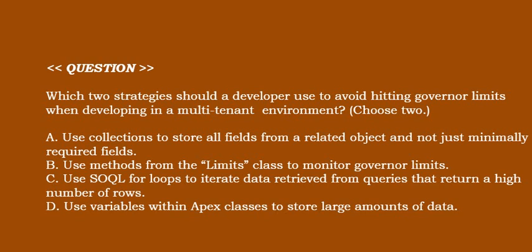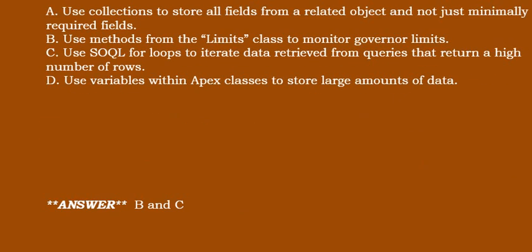Option C. Use SOQL for loops to iterate data retrieved from queries that return a high number of rows. Option D. Use variables within Apex classes to store large amounts of data. Correct answer is option B and option C.